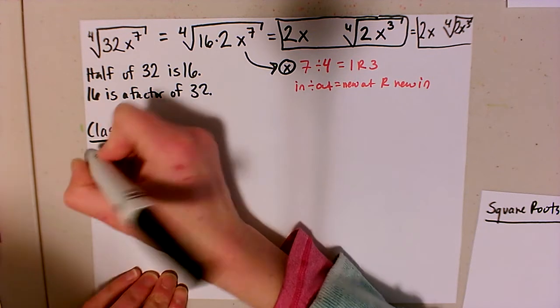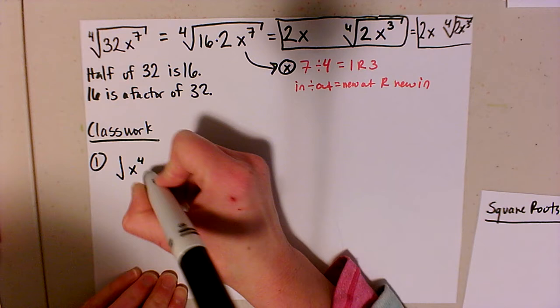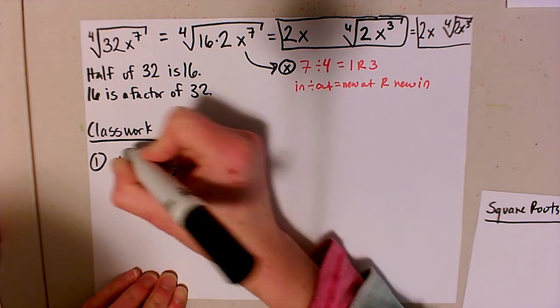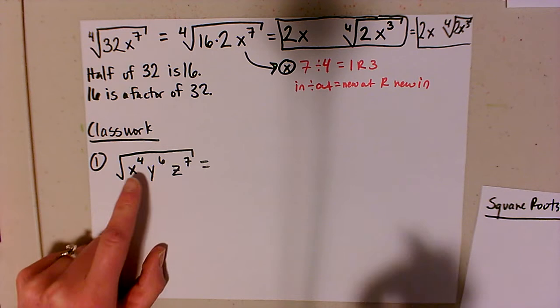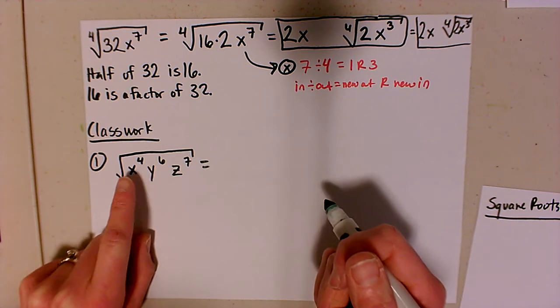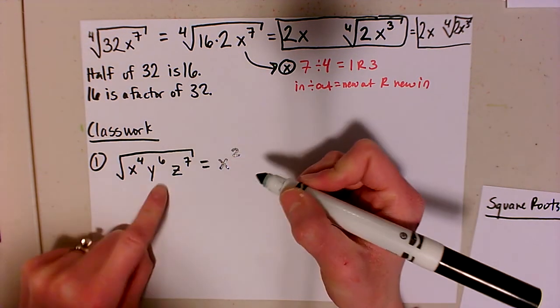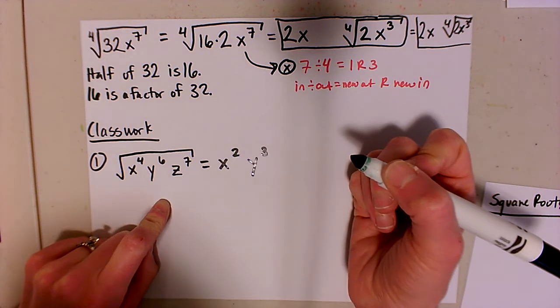For number 1, I have the square root of x to the 4th, y to the 6th, and z to the 7th. It's going to be easy to deal with my x and my y, because these exponents we can just divide by 2. So 4 divided by 2 is 2, so you get an x squared. 6 divided by 2 is 3, so we get a y cubed.